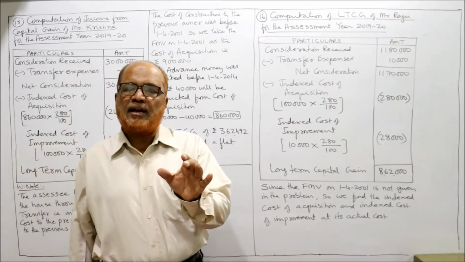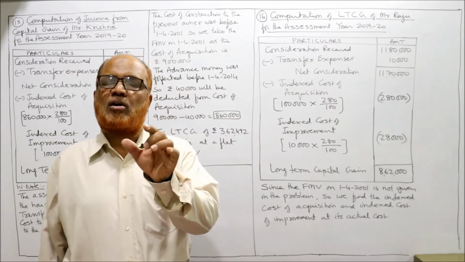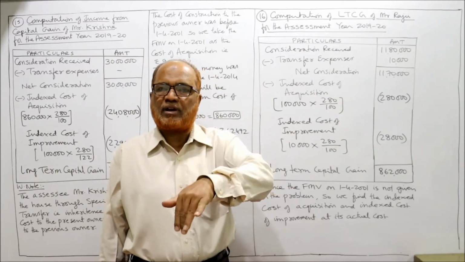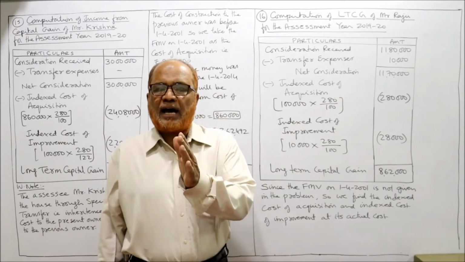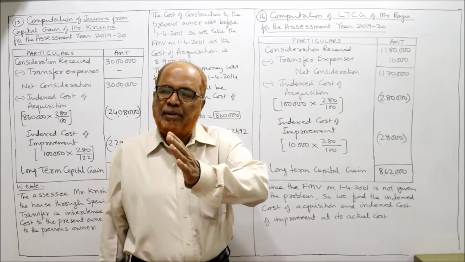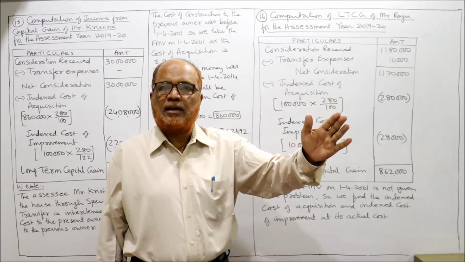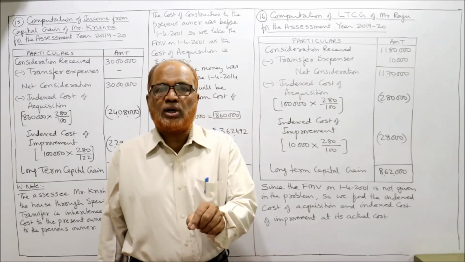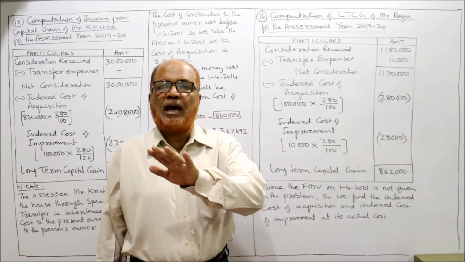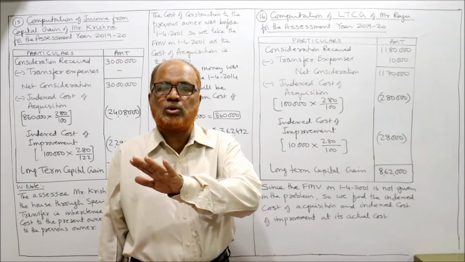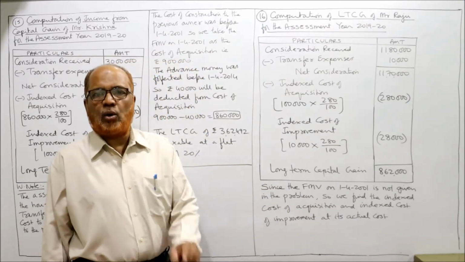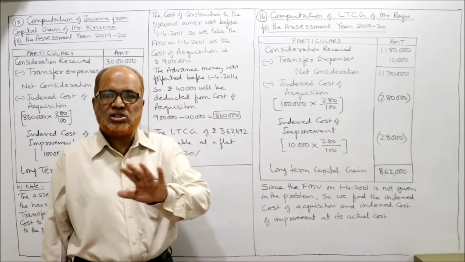Now, indexed cost of acquisition. While calculating the indexed cost of acquisition, we have to see whether the property was acquired before 1/4/2001 or after. If the property was acquired before 1/4/2001, then the assessee can choose the fair market value. But unfortunately, this is the first problem where the FMV on 1/4/2001 is not given.